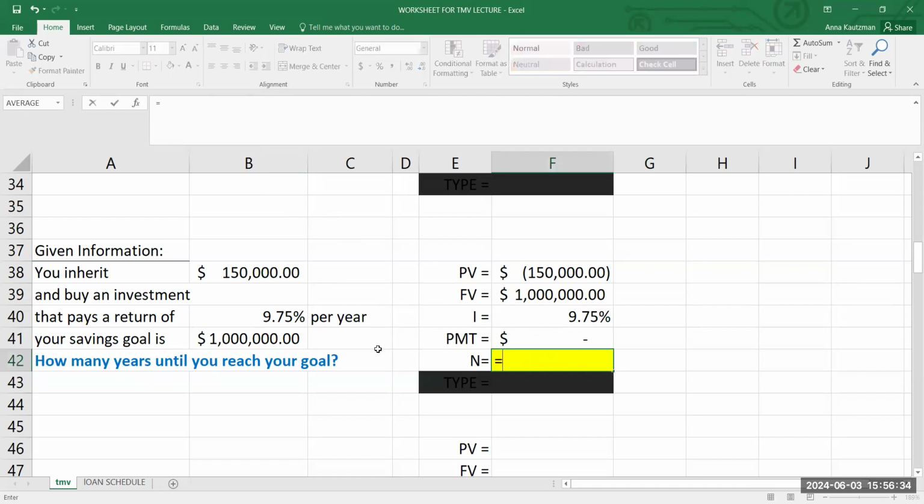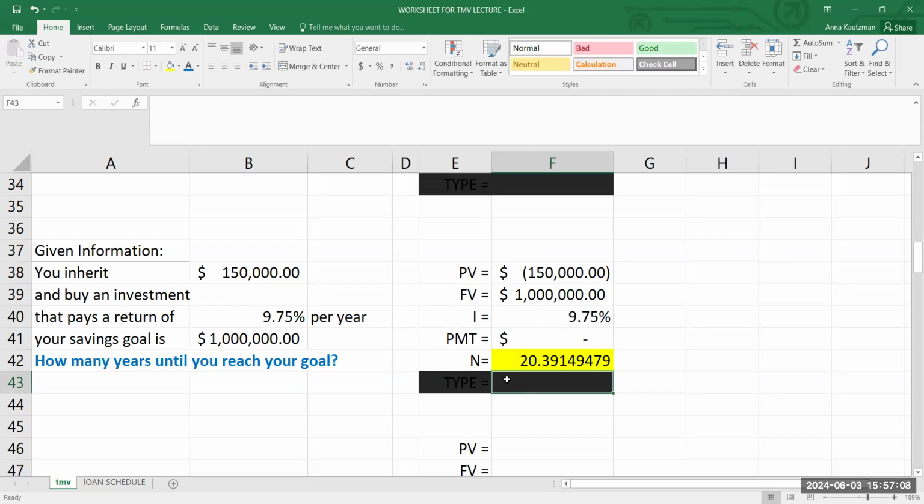In Excel, it's equals NPER, select that, the interest rate, the payment, the present value, the future value, and then the type, which doesn't apply because we're not making a series of payments. Press enter.